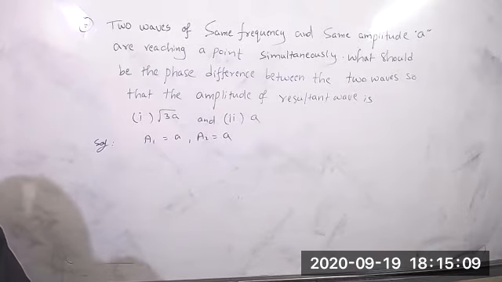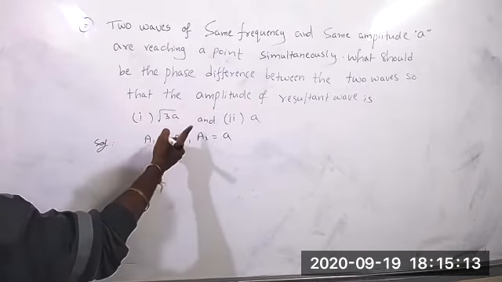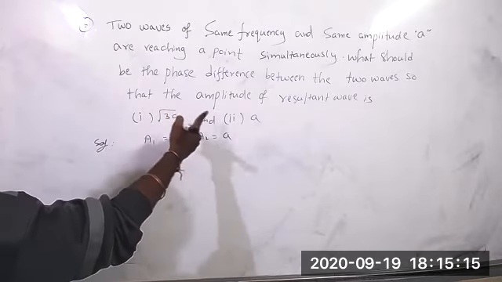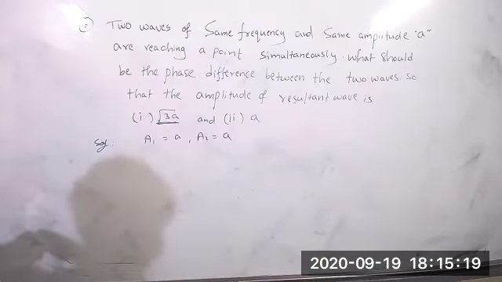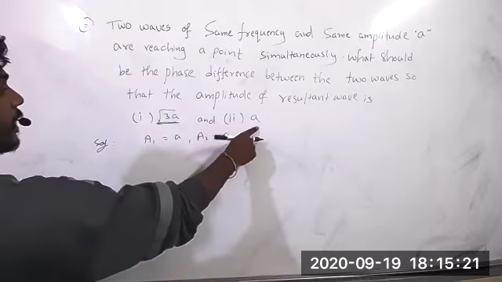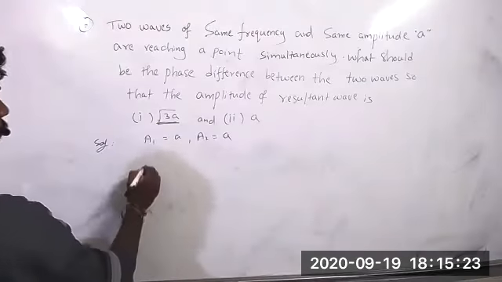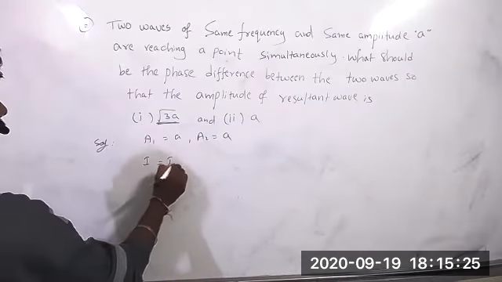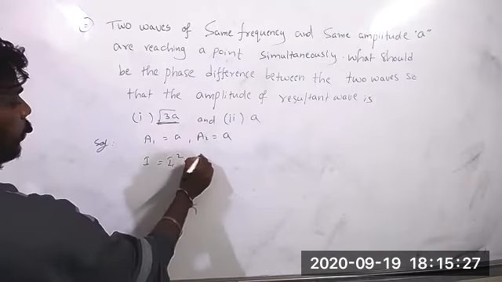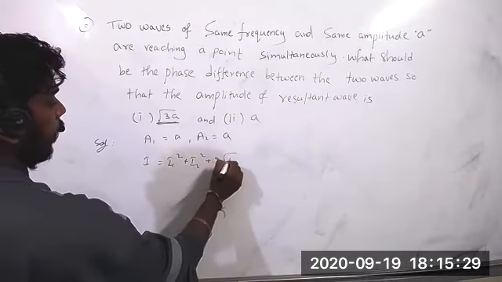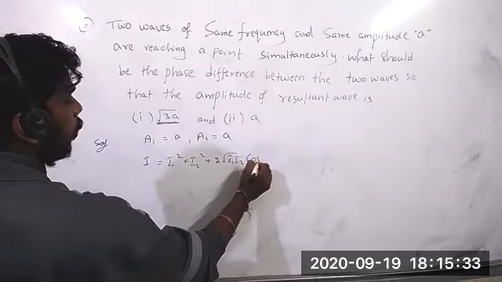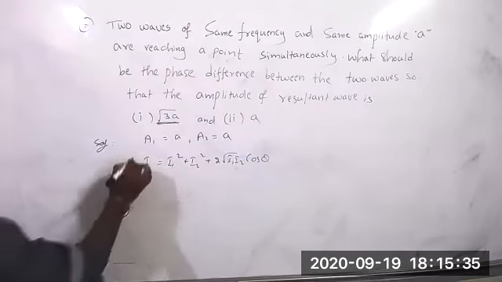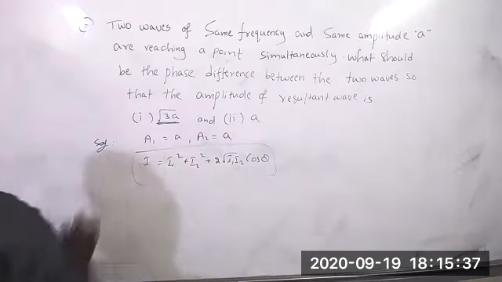What formula do we have to use to solve this? The amplitude of the resultant wave is, for one case, root 3a. We know that I is equal to I1 square plus I2 square plus 2 root I1 I2 cos theta. We have this formula for resultant intensity.